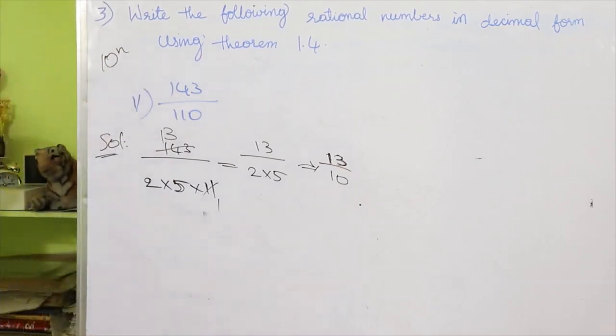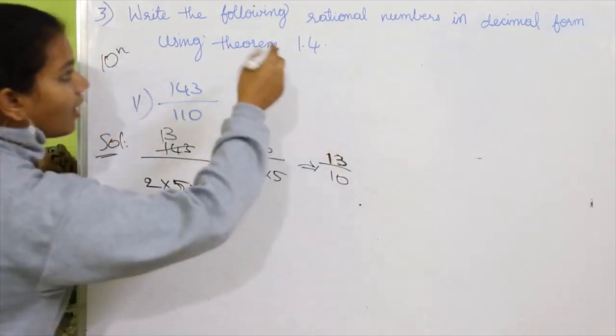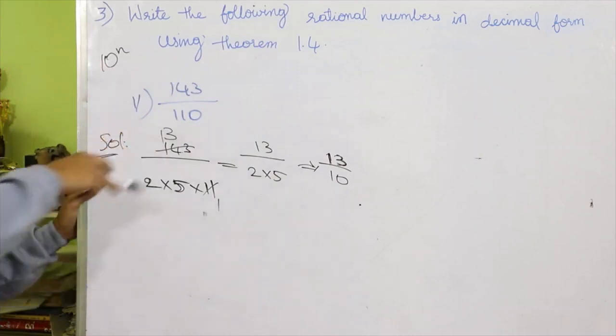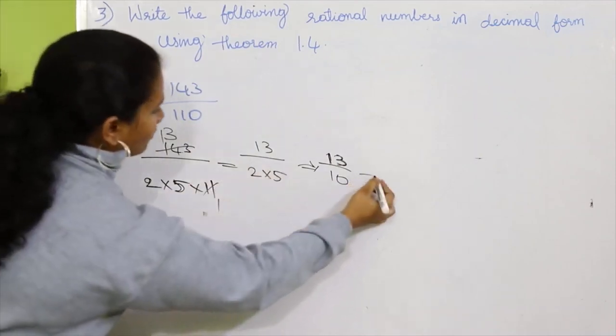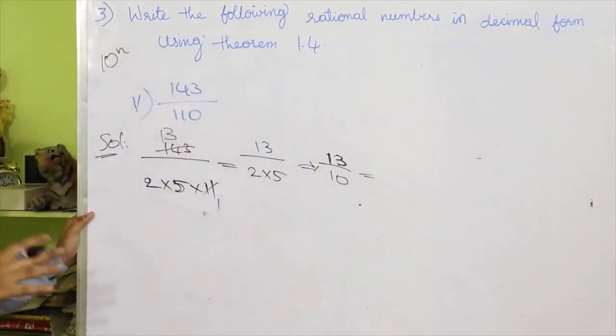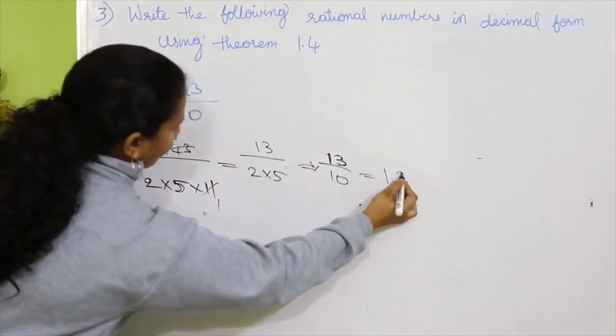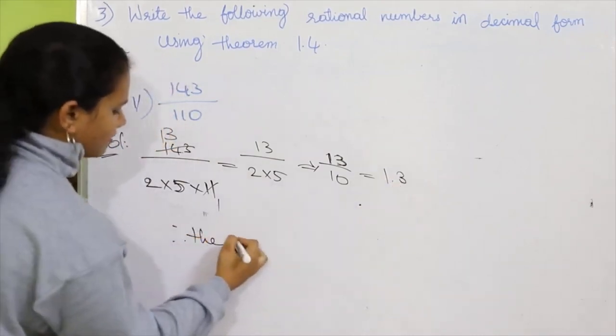13 by 10 is the fraction. We have converted this into the fractional form, 13 by 10. Now convert this into decimal form. 13 by 10 becomes 1.3.